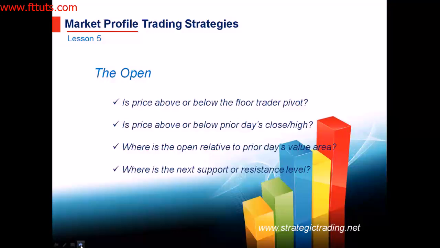All right, the open now is well outside and above the value area. This would be another strong bullish indicator. The last but not least key question is, where is my next support or resistance level? If I have a ways to move before the next key support or resistance level, then this may be a great opportunity to buy and move with the movement.